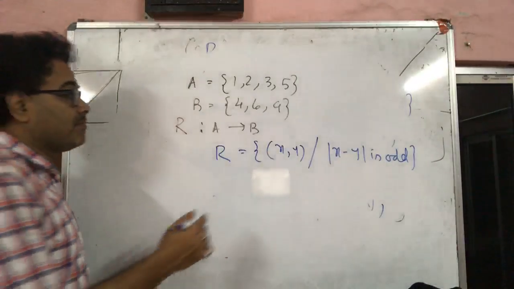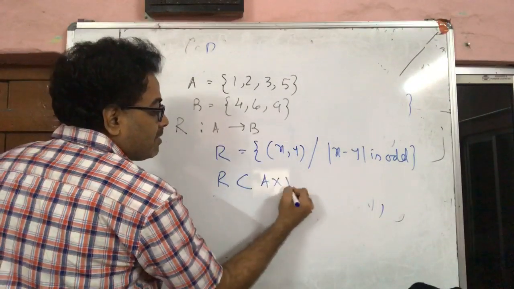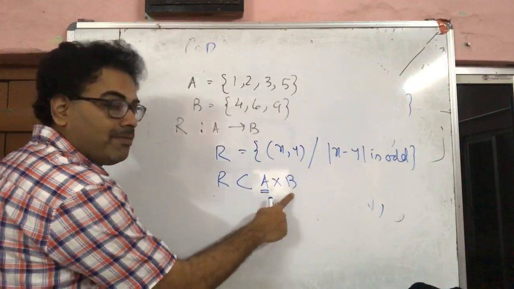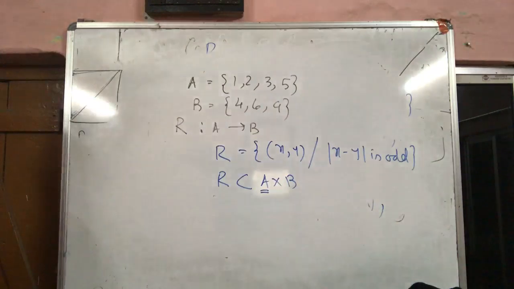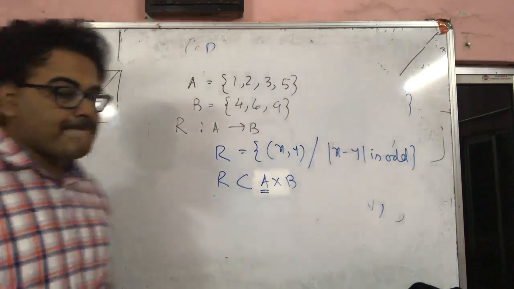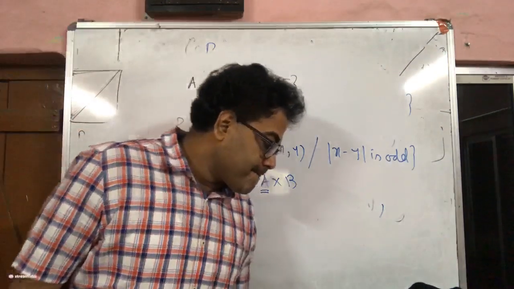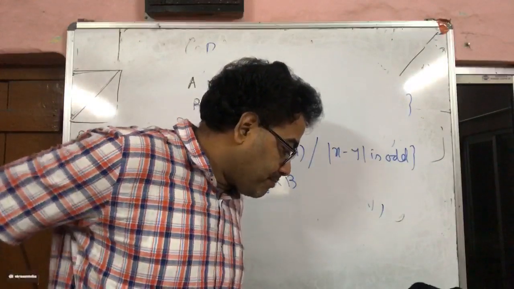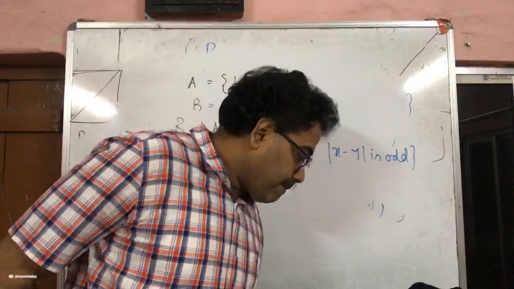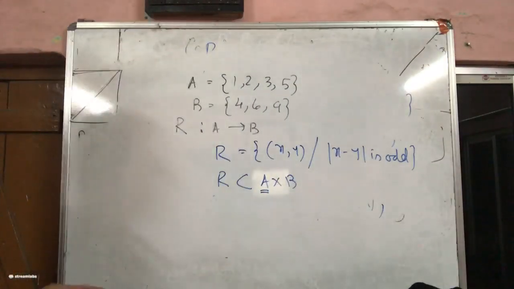R is a subset of A cross B, so x will be taken from A and y will be taken from B. They are saying 12.